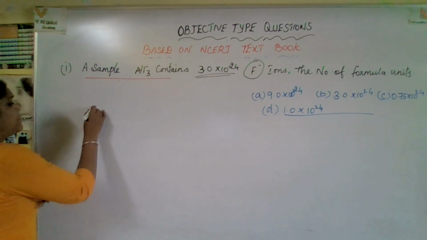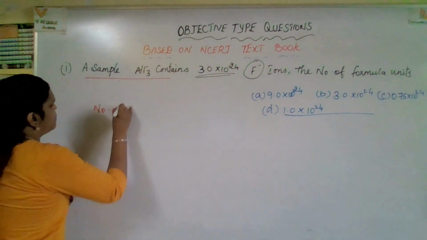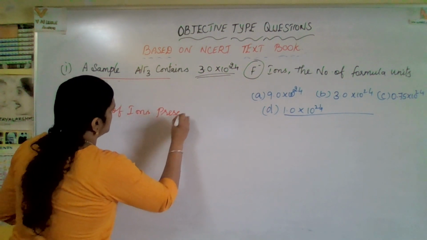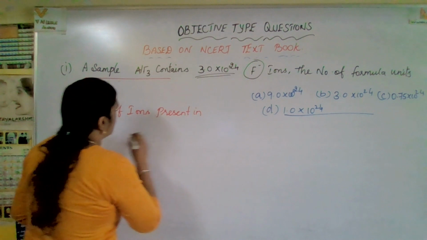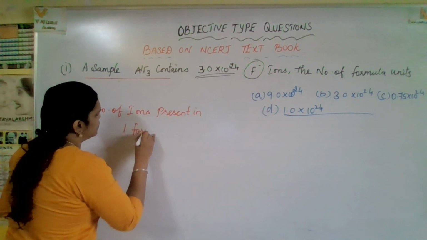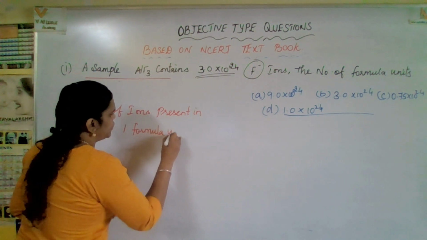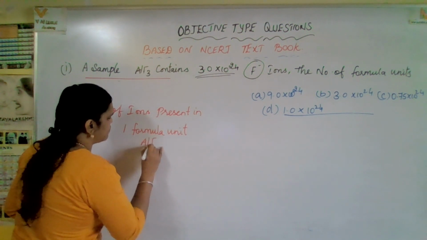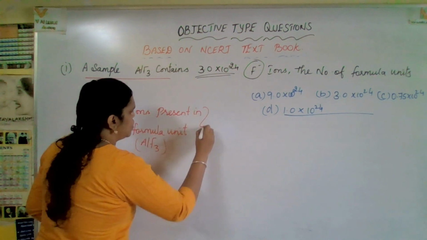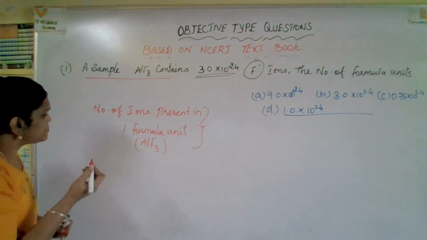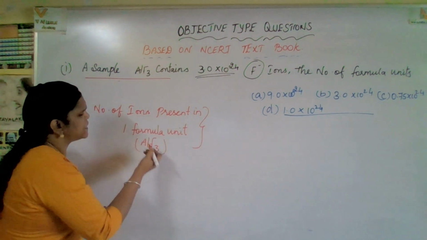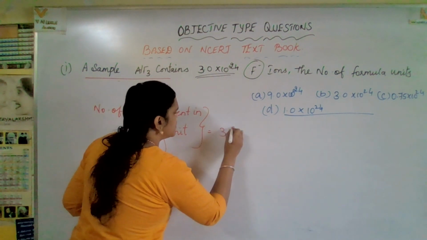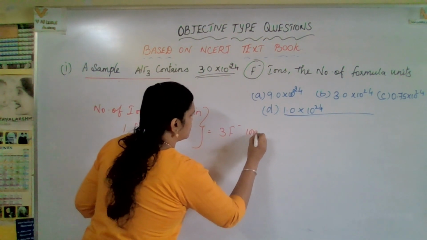Therefore, the number of ions present in one formula unit AlF3 is equal to 3 F⁻ ions, right?